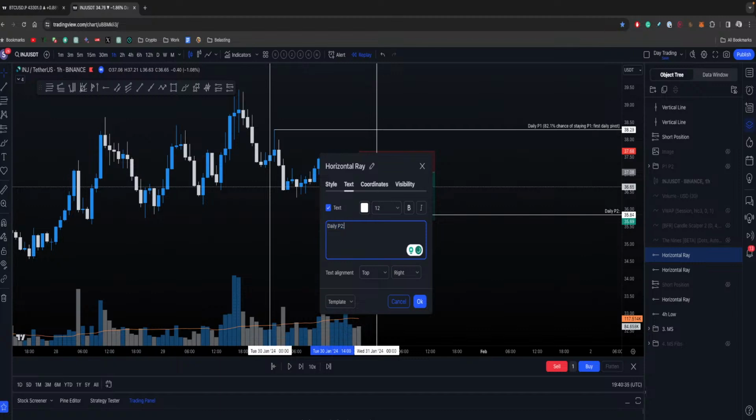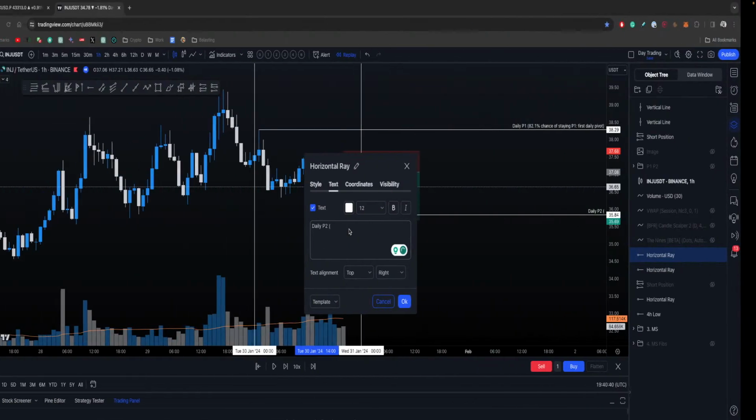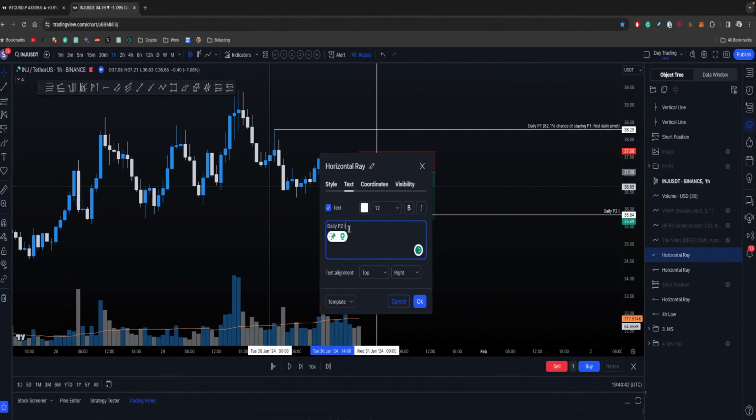Daily P2, let's see, 17.9% chance of becoming daily P1. So again, I'm just looking at the probabilities for P1 for now.